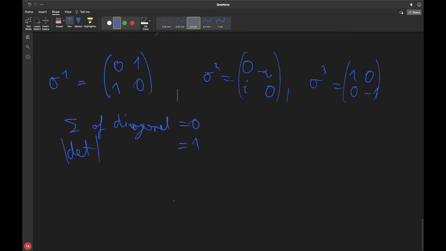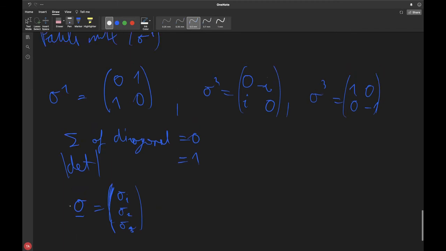So we could think about this, that we have a vector of these matrices. So the sigma vector is a vector of matrices. You remember that we really just think about vectors as a collection of information.